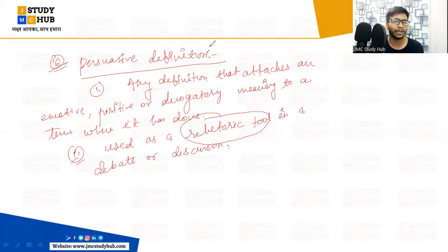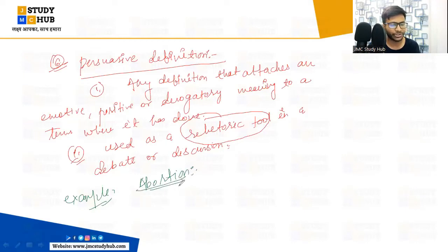So, for an example here, if you want to explain abortion, how will you define abortion? Somebody may be for it, somebody against it. If it is against abortion, how will you define it?